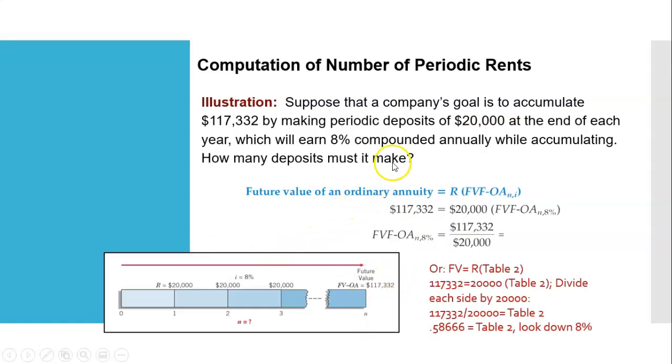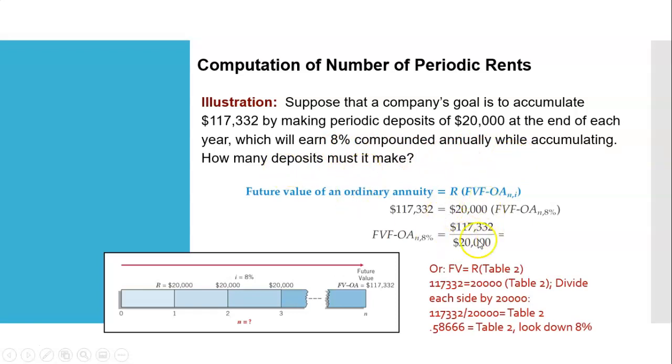Here's another example. Okay, how about if we want to calculate out the number of periods? Suppose that a company's goal is to accumulate 117,332 by making periodic deposits of 20,000 at the end of each year, which will earn 8% compounded annually while accumulating.